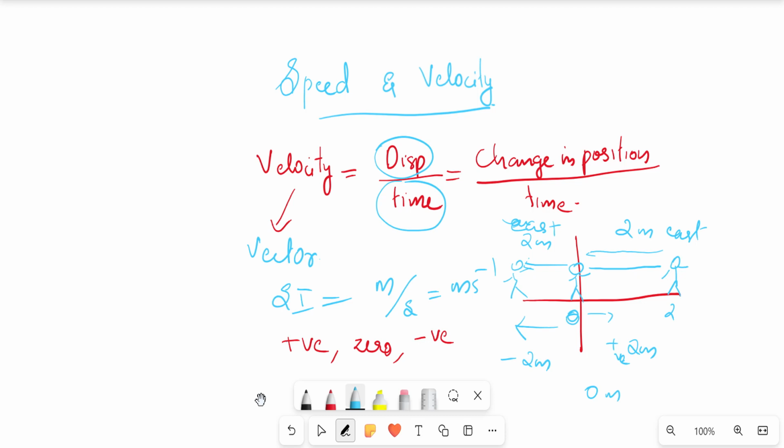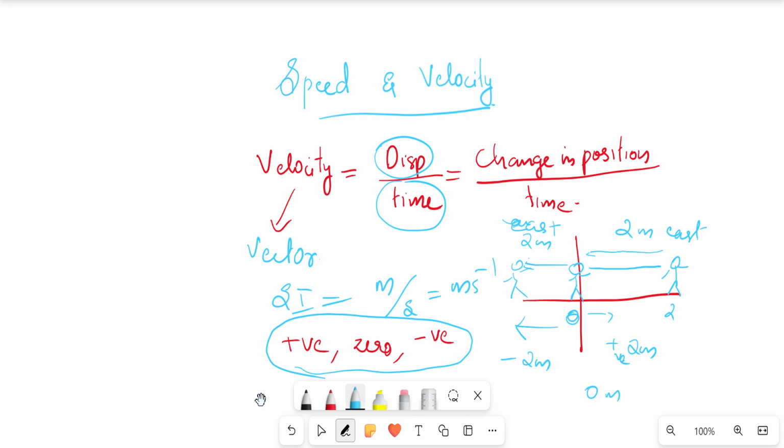And if I calculate the velocity with the corresponding displacement, then I'll get a positive value first, next a 0 value, and the third one we'll get a negative velocity there. So that's why I said velocity will have 3 values: positive value, 0 and negative value.